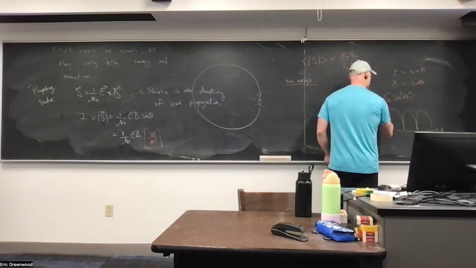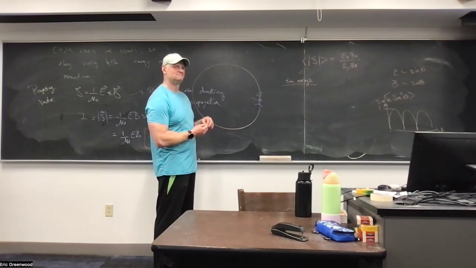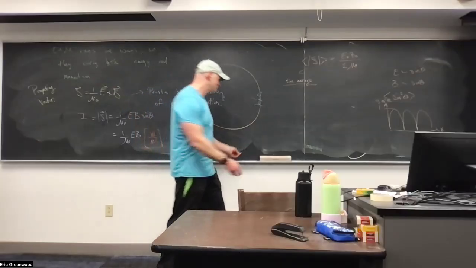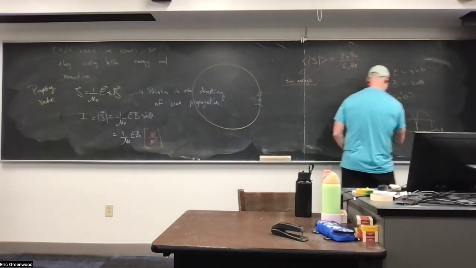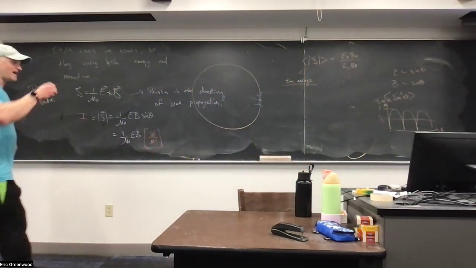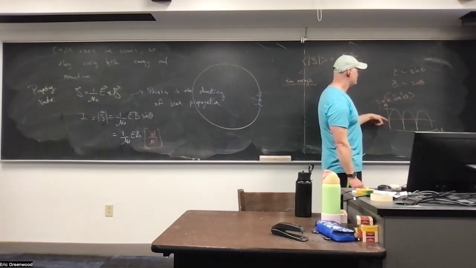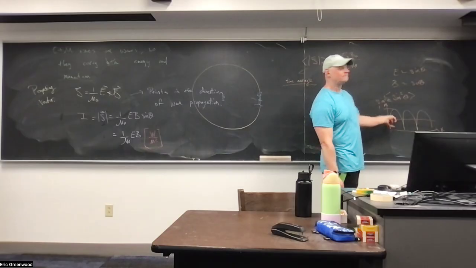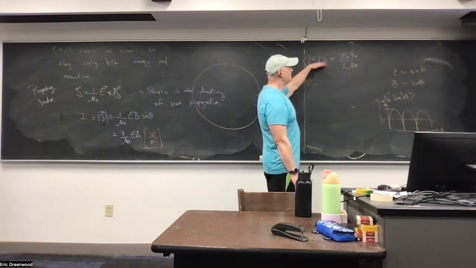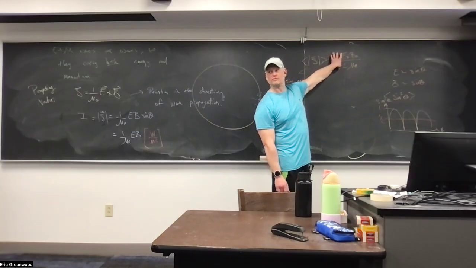If the maximum value of this is simply 1, what's the average of sine squared? 0.5, it's half, right? So the average is simply 1/2. This is where the factor of 1/2 is coming from. Since this is highly oscillatory and goes as a sine squared, the average of the sine squared is simply 1/2. So since we have these highly oscillatory waves, we're not going to see how this changes from moment to moment. All we're going to see is the average value at which this is coming through us.